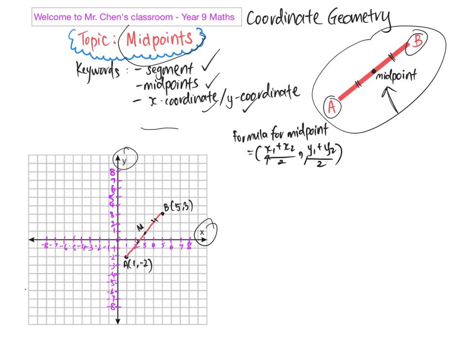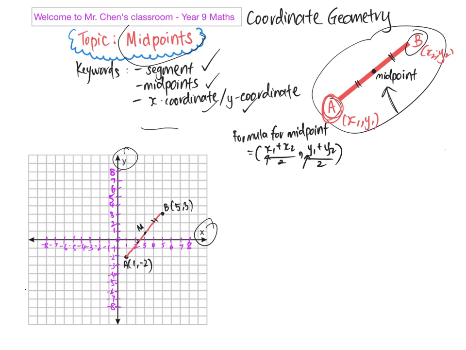These two come from A, so A has x1, y1, and B has x2, y2. It's just an easy way so you can tell them apart and not confuse them.